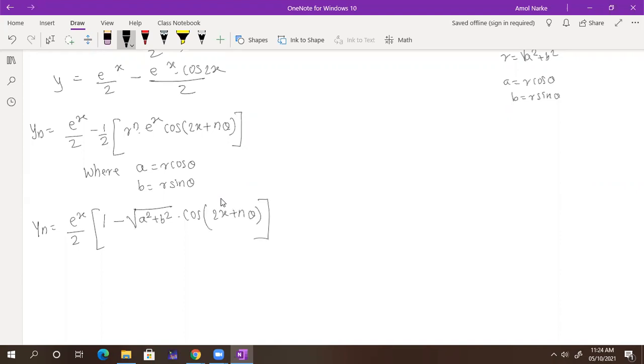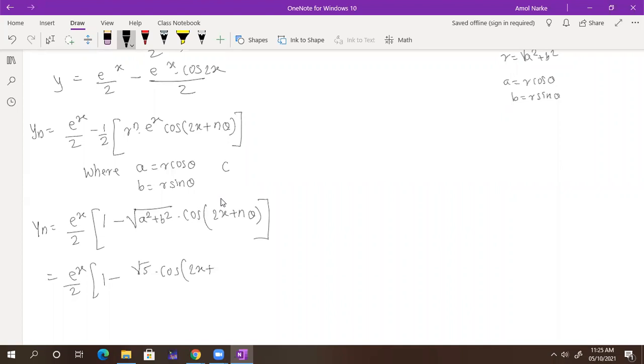Substitute the values of a and b, that's it. So e raised to x divided by 2 into 1 minus: a is 1 and b is 2, so 1 square plus 2 square, what do you get? Root 5, no? Root 5 into cos of 2x plus theta. What is the value of theta?